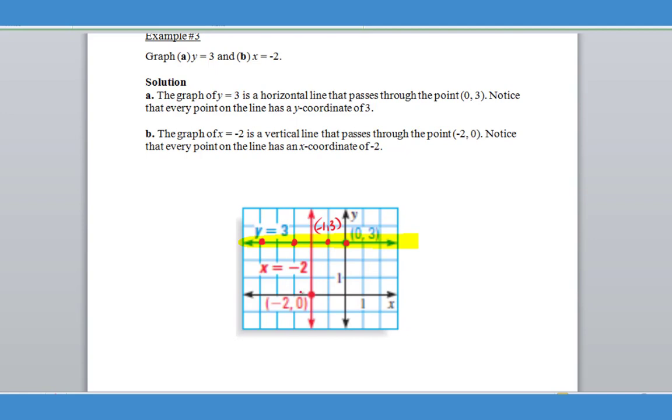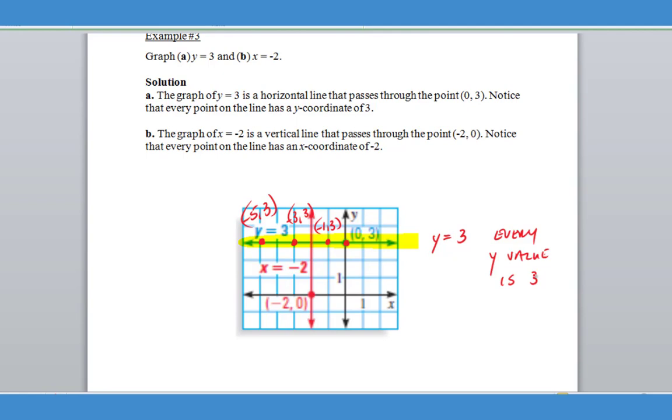This is going to be 1, 2, 3 up 3, so that's -3, 3. This is going to be 1, 2, 3, 4, 5, -5, 3. And so the trend you should be seeing here is on y equals to 3, every y value is 3. And so that's where we get the equation y equals to 3.